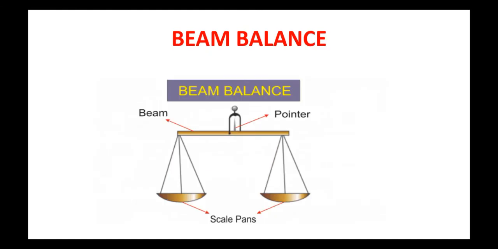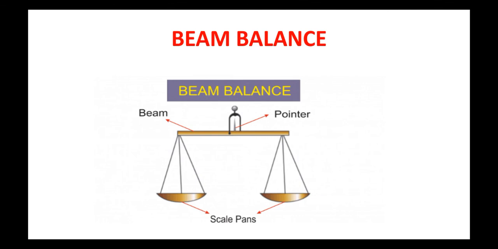Now this is the construction of a beam balance. This is how a beam balance looks. You can see in the center there is a rod, that is the beam, right? Then two scale pans are attached. Now these pans are of equal weight and they are fixed at equal distances. This is very important.